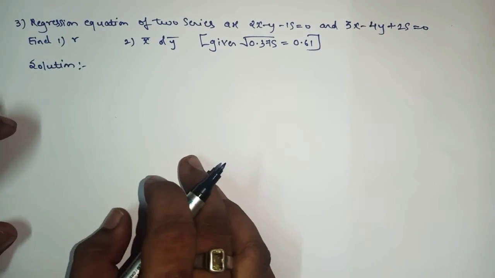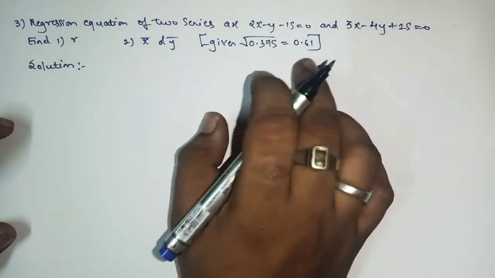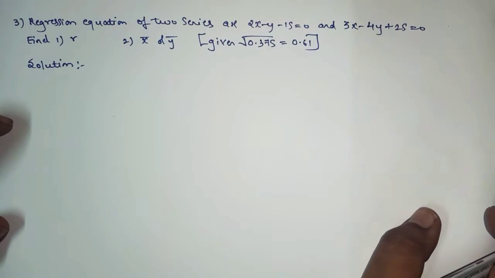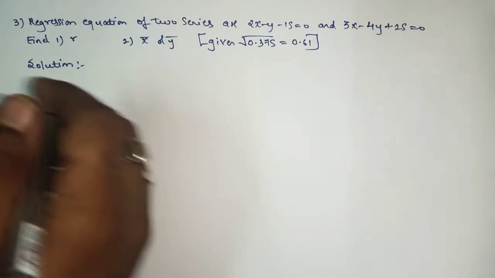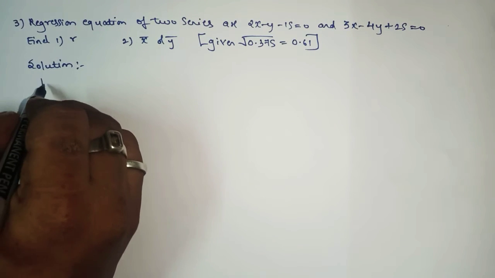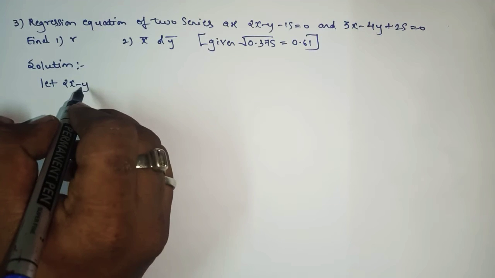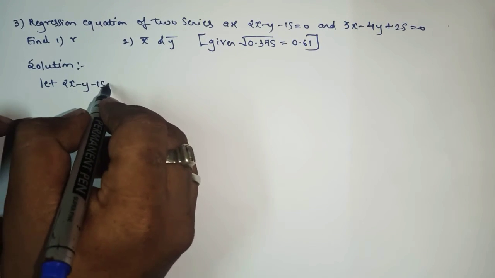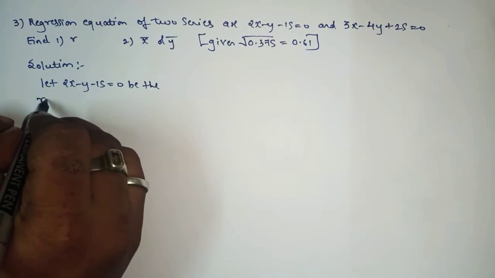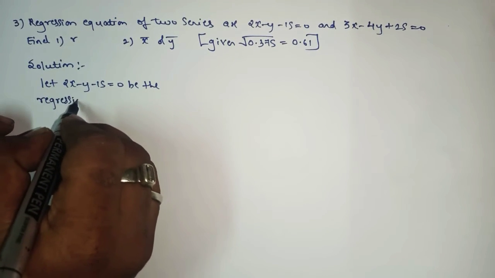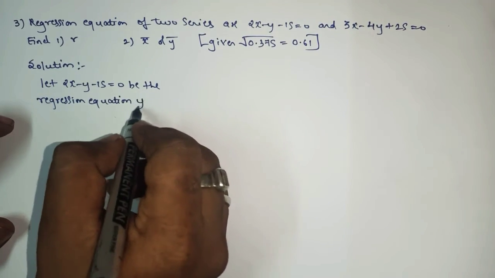Again, as I told, in each and every sum you will consider the first equation as y on x and the second equation as x on y. So we'll start writing here: let 2x minus y minus 15 equal to 0 be the regression equation y on x.